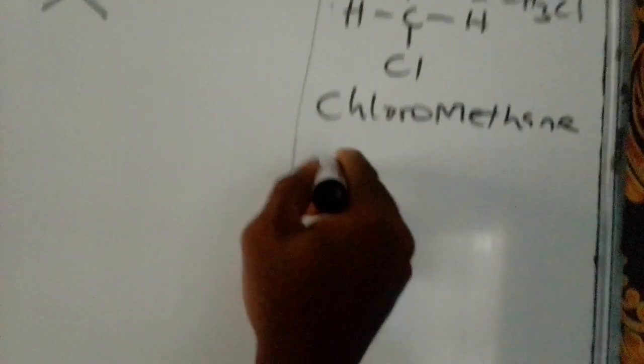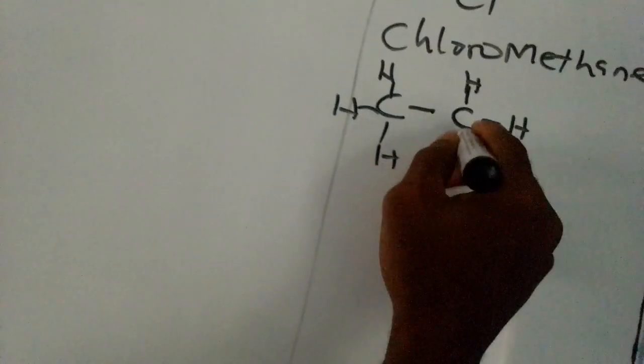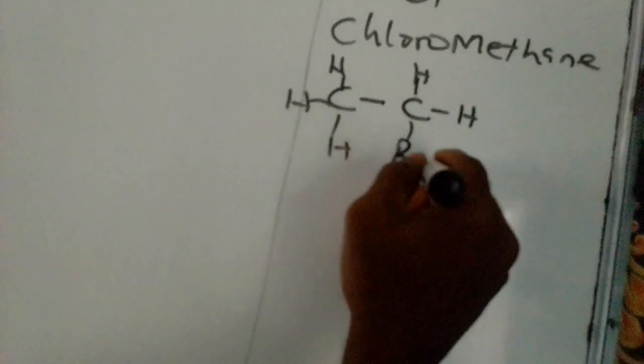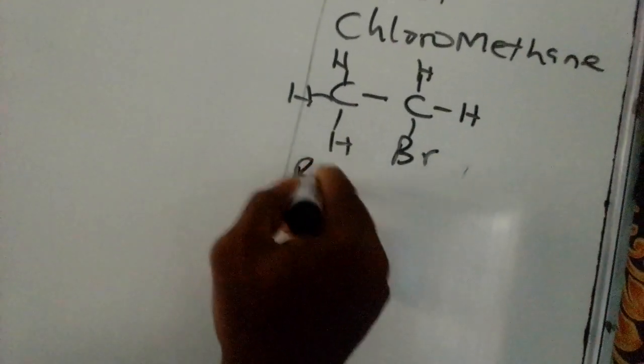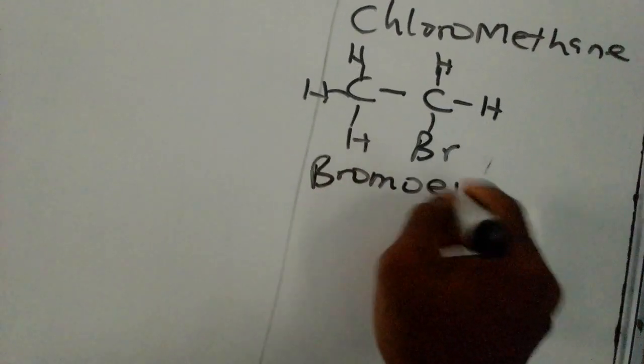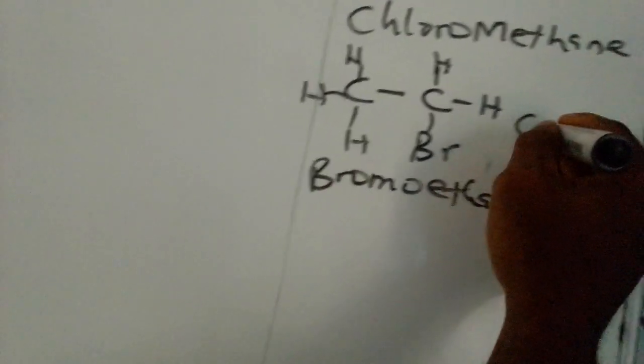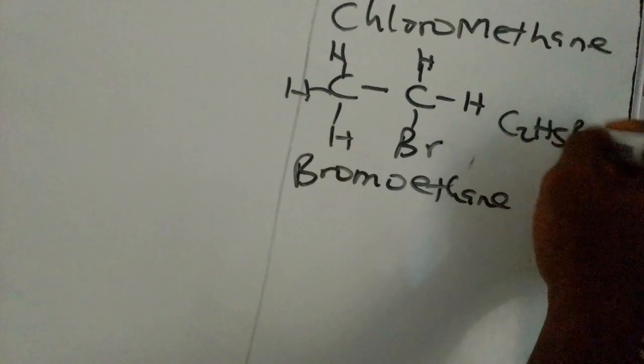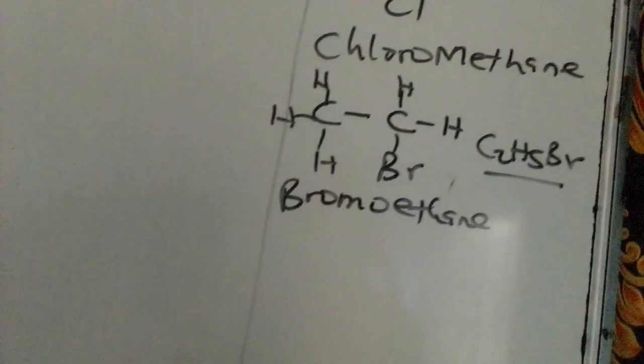Another example is ethane, C2H6, an alkane. Remove one hydrogen and put one halogen, maybe bromine or chlorine. This is now called bromoethane, C2H5Br, as you can see there.